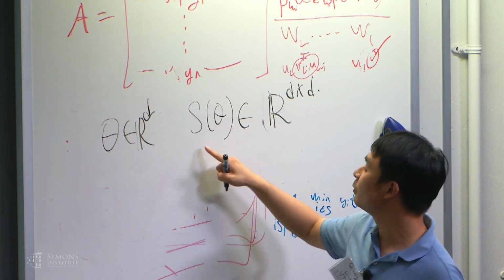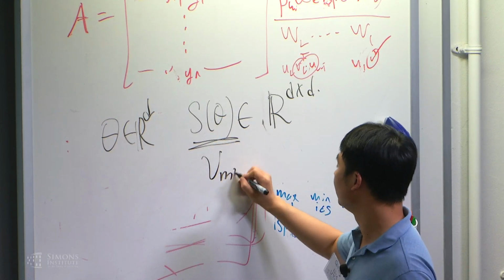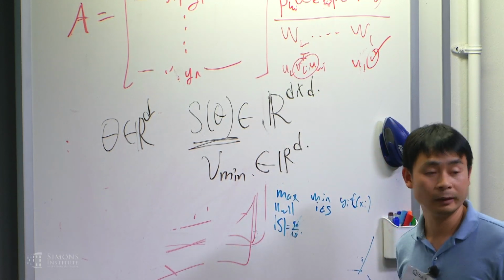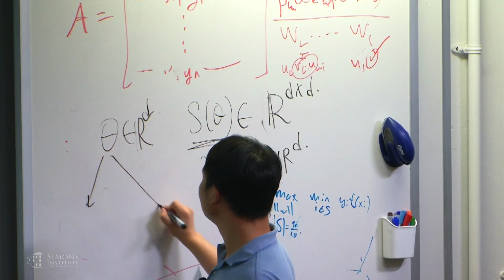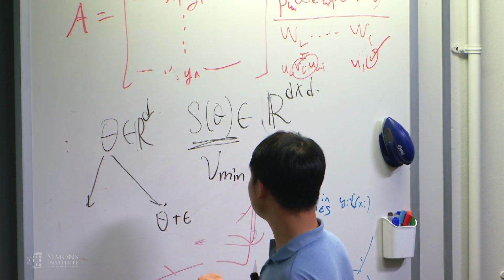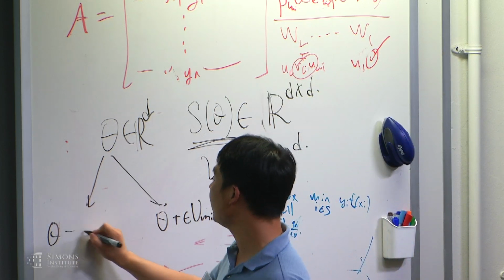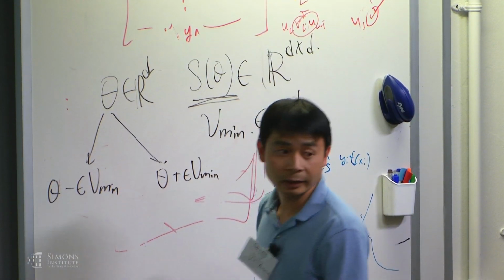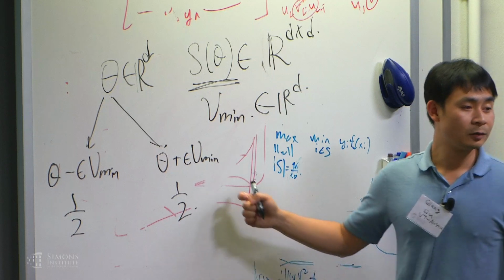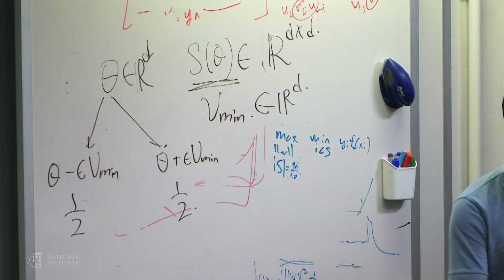And then you calculate the minimum eigendirection of this matrix, which is going to be V min, an R^D vector. And then what you do is split this theta into 2 copies. One is theta plus some epsilon step size times V min. Another is theta minus epsilon V min, right? Each of them has half of the weight. This strategy is actually optimal following the derivation.